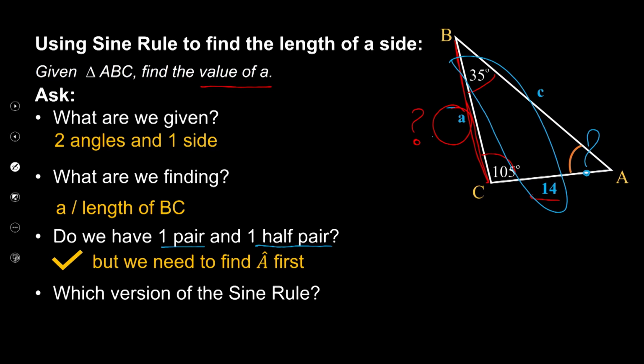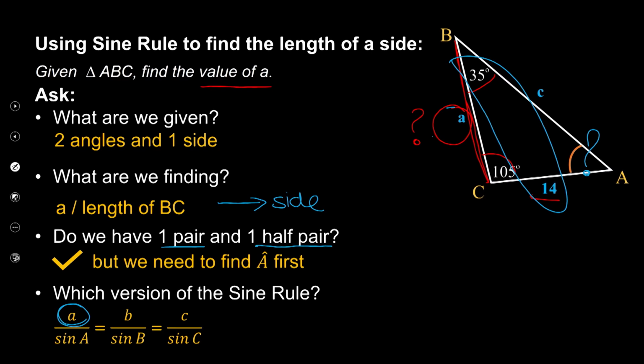But before we do that, let's think about which version of the sine rule we're going to use again. What are we finding? We're finding a side. And because we're finding a side, we're going to use the version of the sine rule that has the sides on top. Because we're looking for little a, we're going to use that piece, and the full pair we're given is B and sine B. So those are the two that we are going to use.